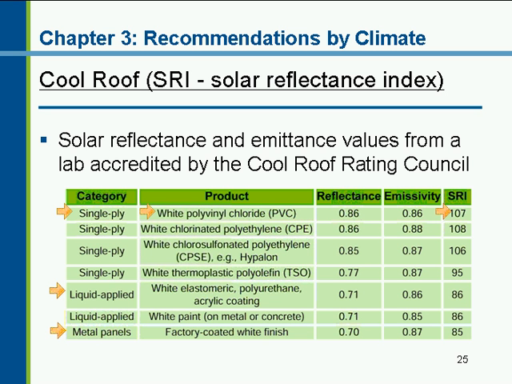When you look at metal panels, the example given here is with a white finish. But people are getting very good with some of these different coatings, and so you'll be able to find that you can get different colors. You're not limited to white to achieve these higher reflectance and emittance values to meet the specified SRI.